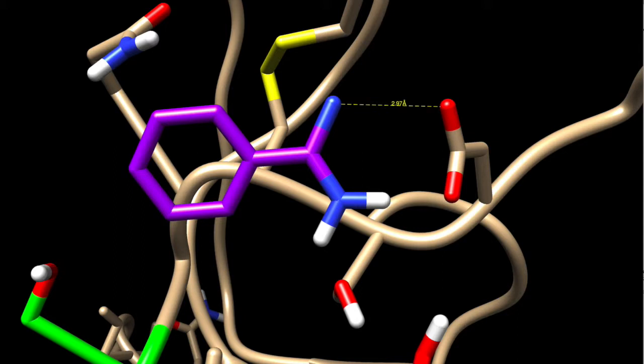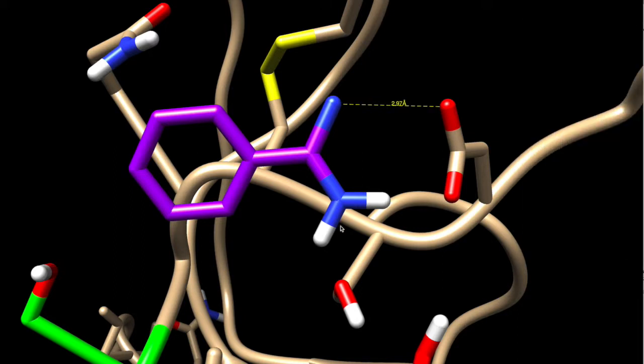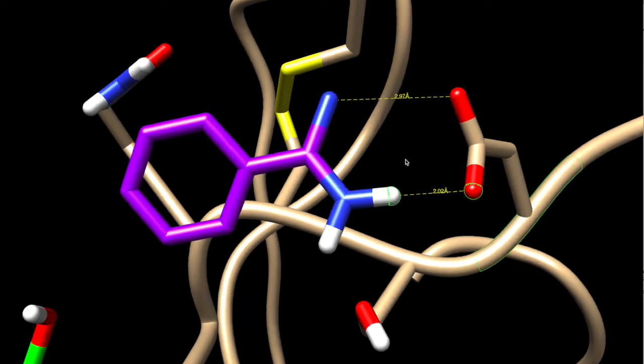I can create a scene like that. Then I can do something else. I can select this one and this one. Do the same thing. We can position it even better.